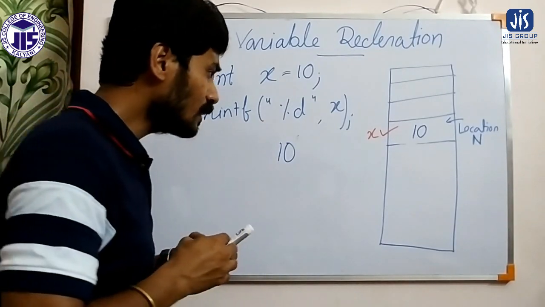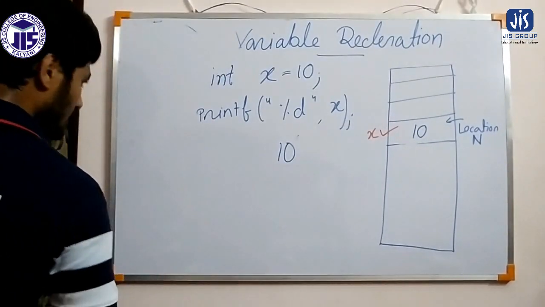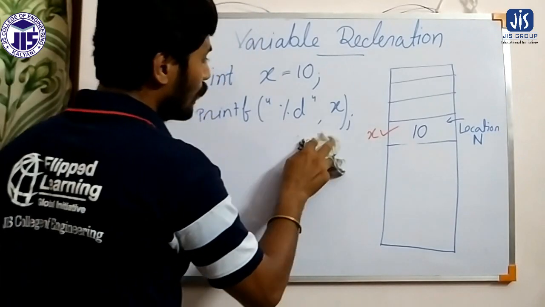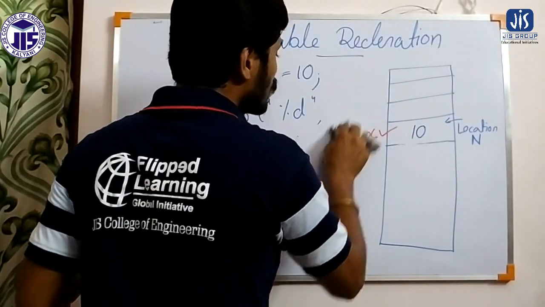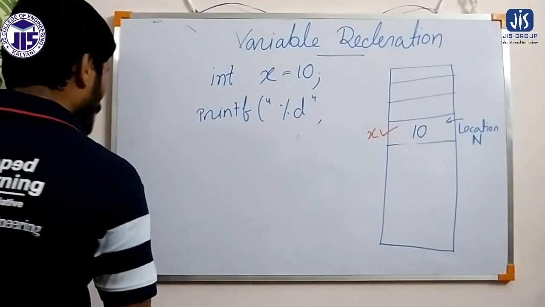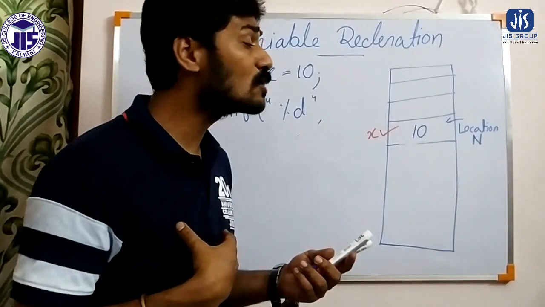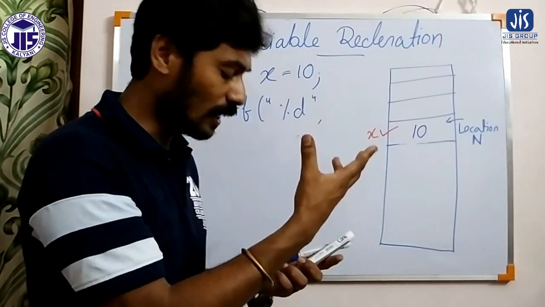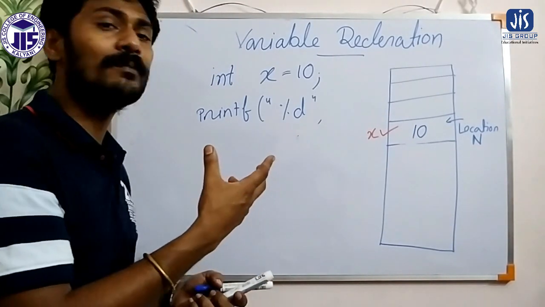Okay. And if I print, now if I want to know that location, because this location is assigned by the compiler, the user is not assigning the location. The location is assigned by the compiler.